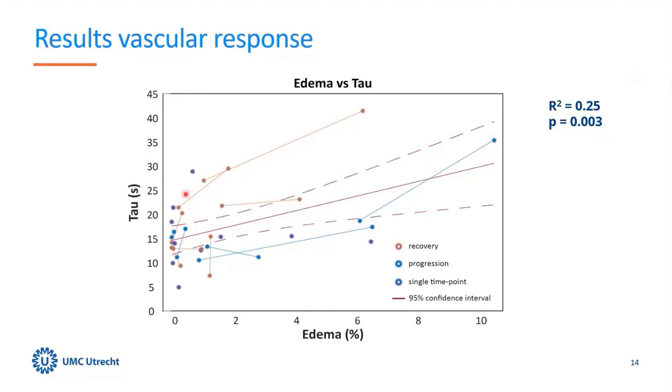In orange, you see patients that had a recovery, so there was less edema found in the post scans. In blue, you see patients that showed more edema in the post scans. But you can tell that for most patients, an increase in edema also meant an increase in tau, so a slower vascular response.